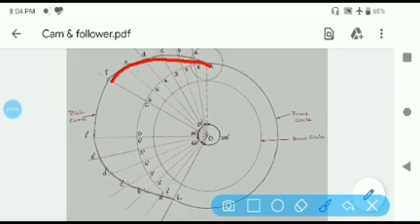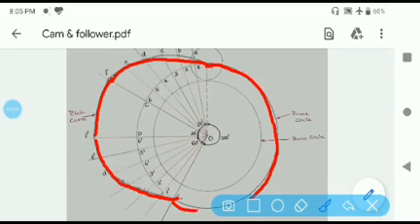Similarly, from E to A prime, then B prime, C prime, D prime, E prime. Like in the previous case also, F prime and F can be joined using a compass with O as center. And also thicken this circle also.